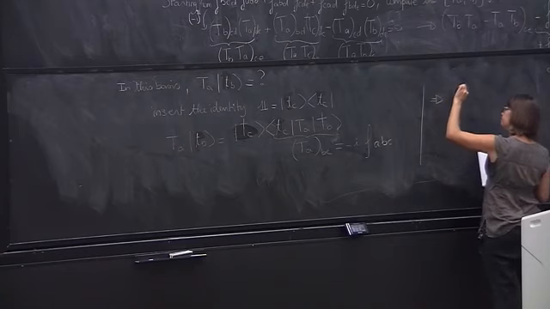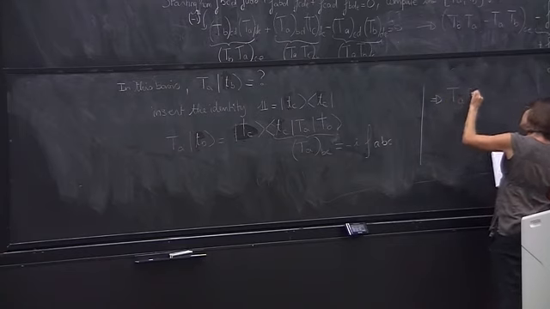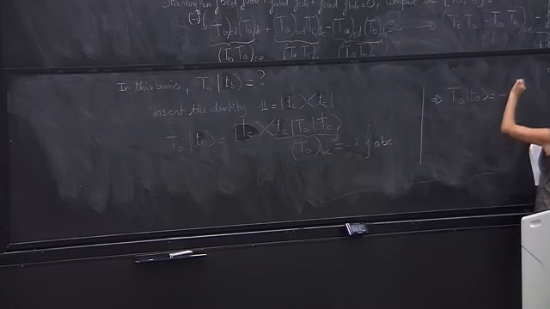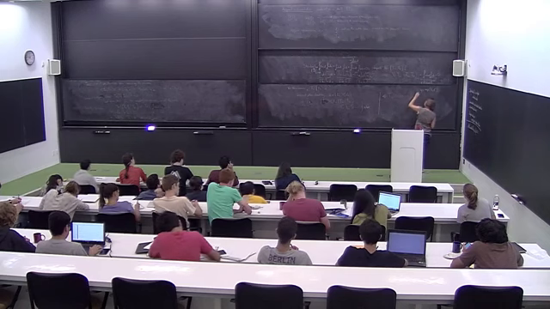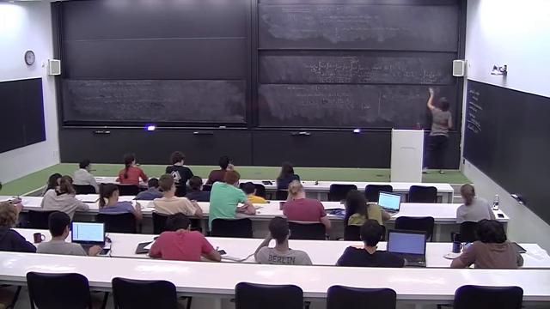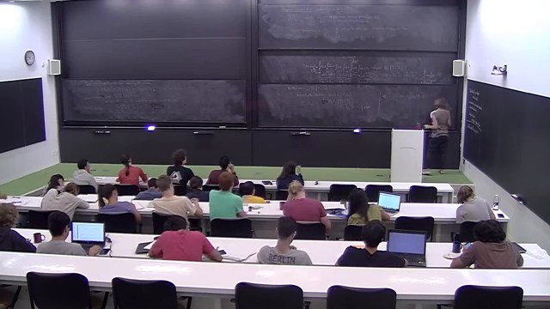T^B, T^A on a given vector in my basis is given by T^C, where again I'm using Einstein notation.